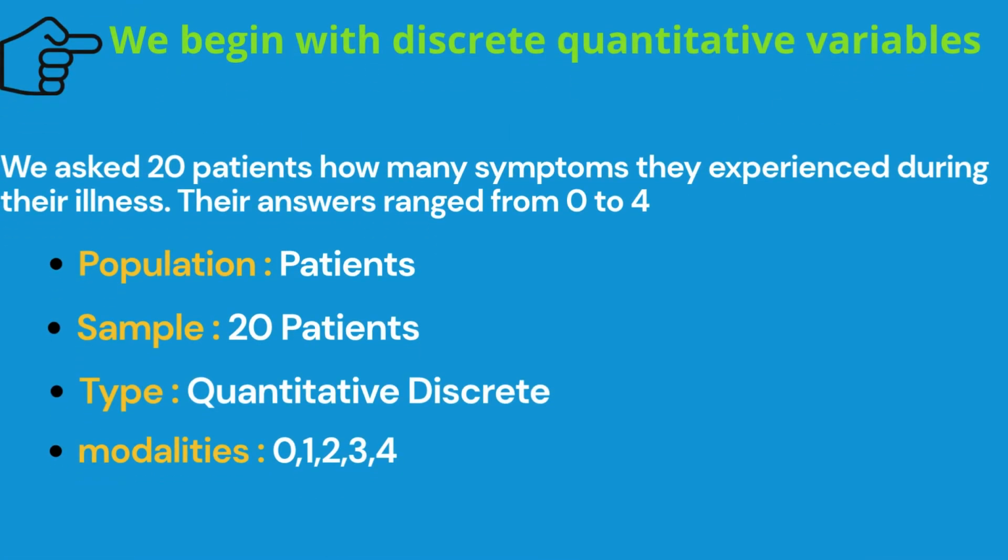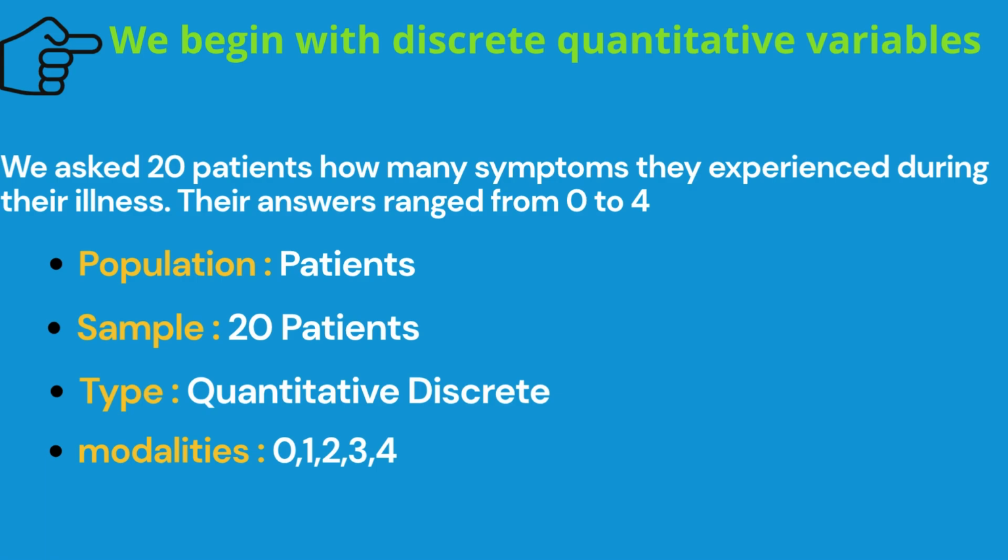Now let's move to a discrete quantitative variable, but this time we won't go through all the steps again because the reasoning is the same. For example, let's say you have a group of 20 patients and we record the number of symptoms they experienced during their illness. The possible results are isolated values like 1, 2, 3, or 4.